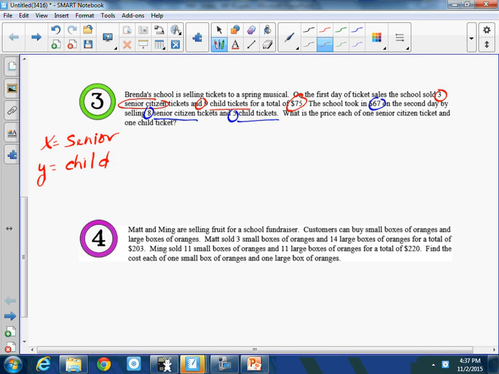The first day is 3 senior citizens, so that would be 3x. 9 children, so that would be 9y, for a total of 75. Day 2 was a total of 67, but it was 8 seniors, so 8x, plus 5 child tickets, so that will be 5y, and that equals 67.